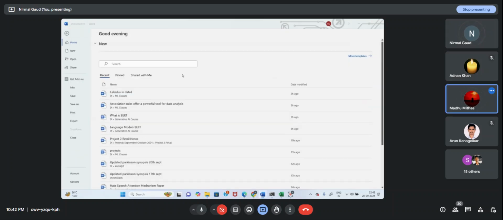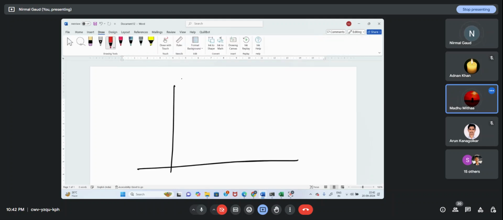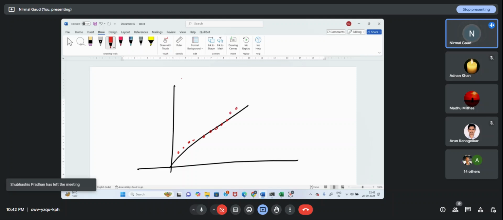Here it is. Let me draw. This is your actual line. These are the predicted points. There may happen some predicted points are coming on the line, some may be away, some may be down, something like that is possible.